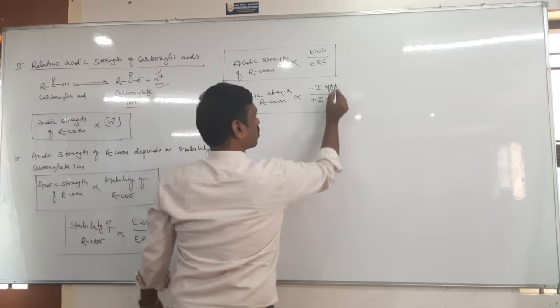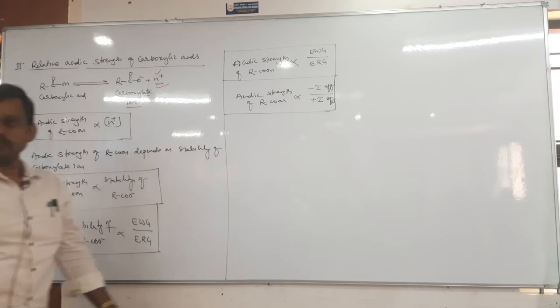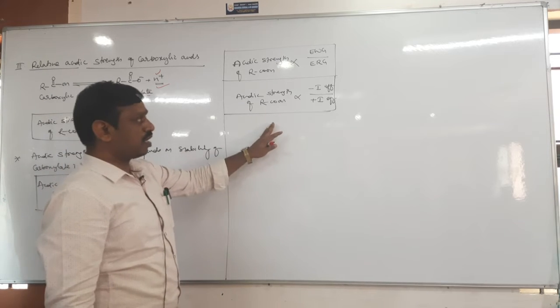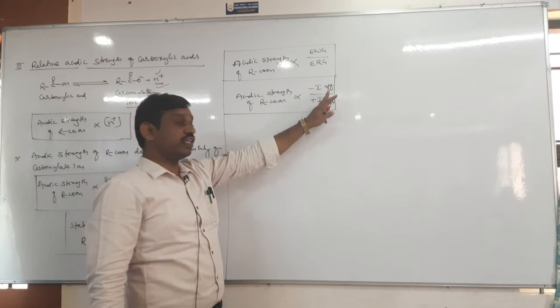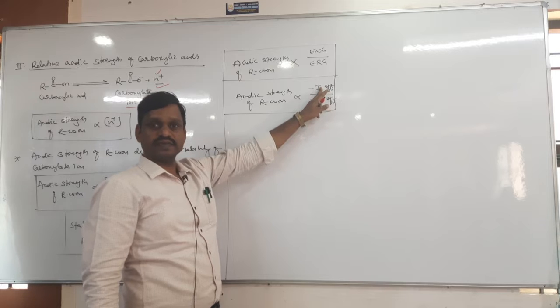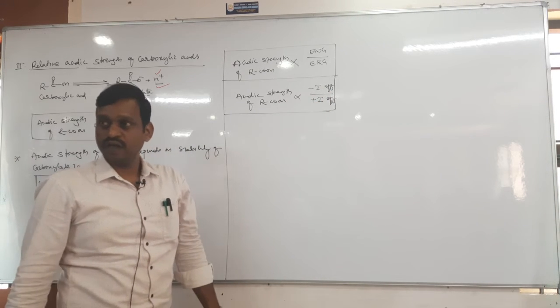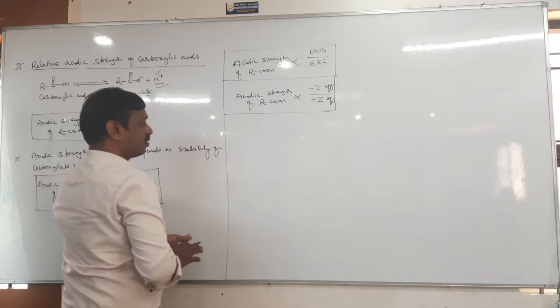So this is what we want. Therefore acidic strength of carboxylic acid increases with increasing minus I effect and decreases with increasing plus I effect. Okay, so let us see one example.